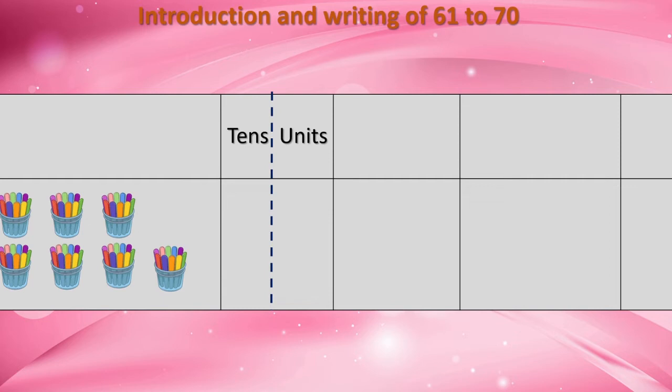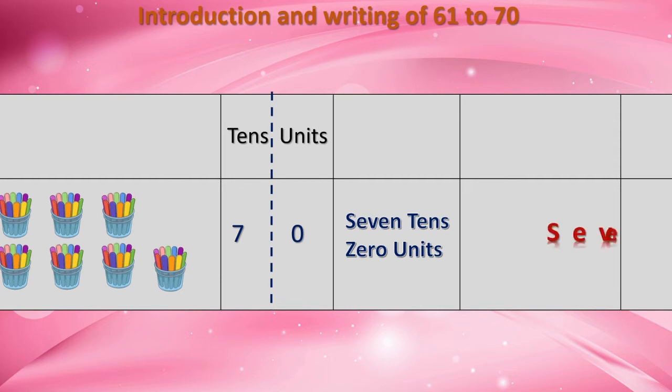Here altogether we can see 7 tens and no units. We can't see any singles here. Right? So we'll write 0 in the units column. Same thing we'll write here, 7 tens and 0 units. That is nothing but 70. Yes, number 70. And how do we write it? We write 70 like this. 7 and 0. Okay, that becomes 70.